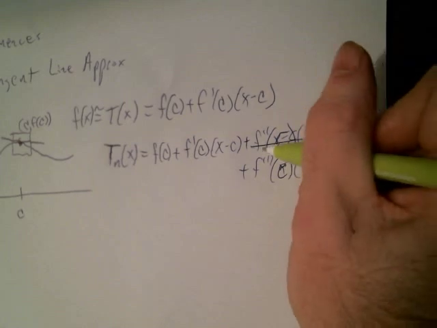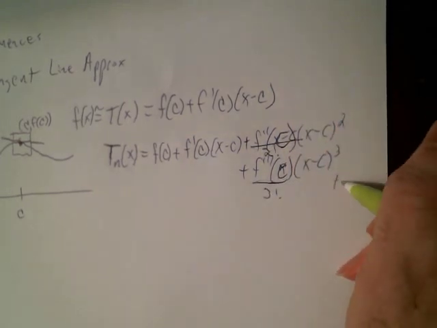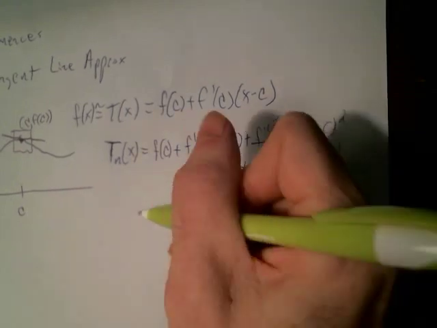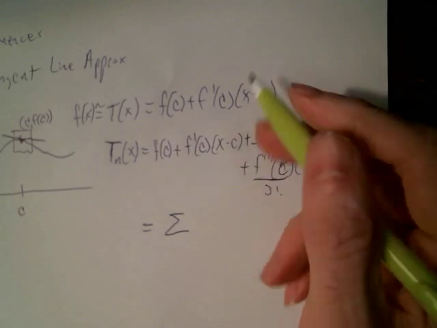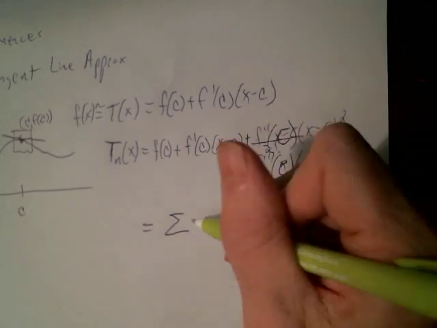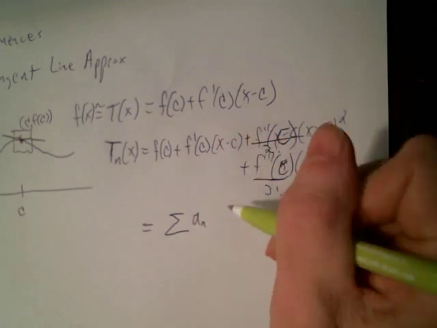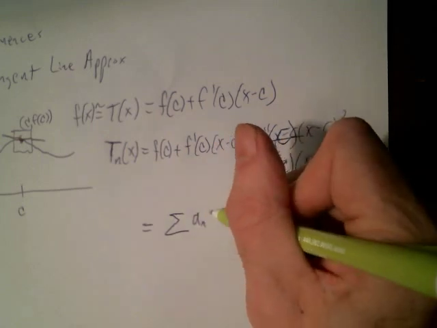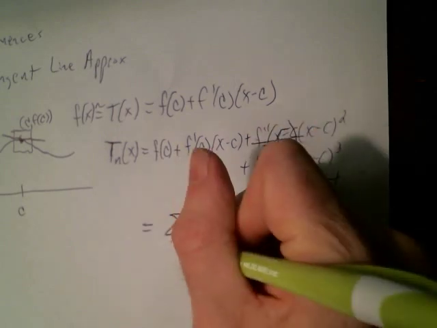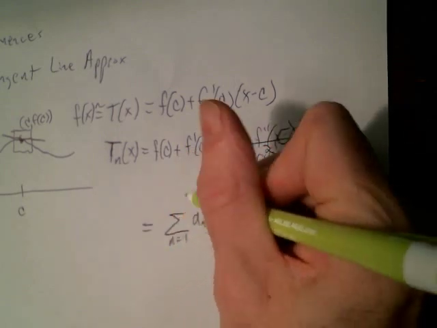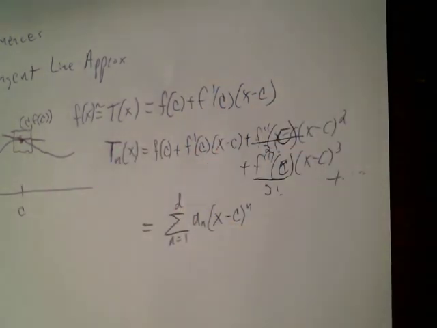And then there's also this little constant issue going on down below. But what it is is a sum of things. Okay? It's a sum of some constant, which we'll have a formula for eventually, but let's just call it a sub n times x minus c to the nth power, n equals 1 to whatever degree of polynomial that you're worried about.